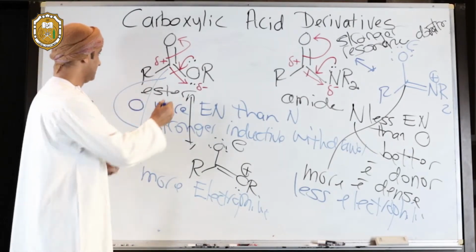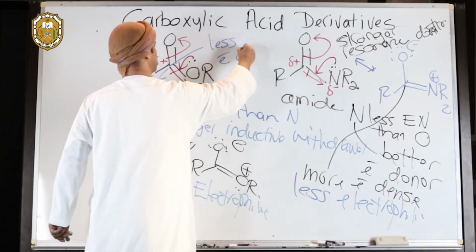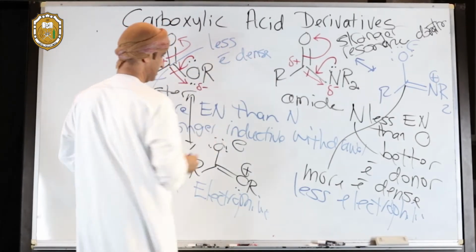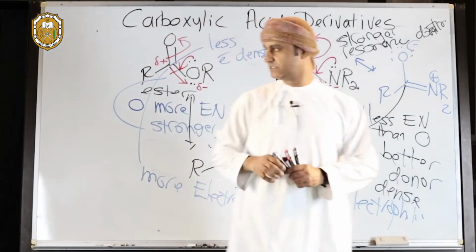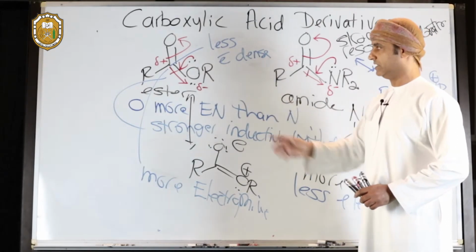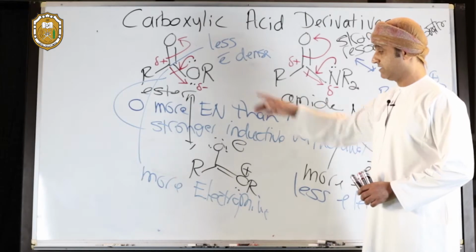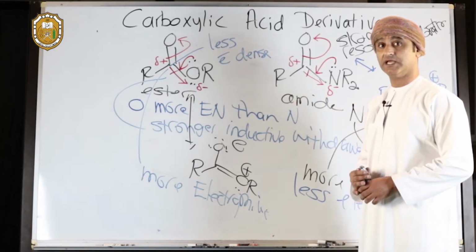You can also say that carbon is less electron dense. So the lower electron density of carbon in esters than carbon in amides, due to the stronger inductive withdrawal and weaker resonance donation, makes that carbon more electrophilic.